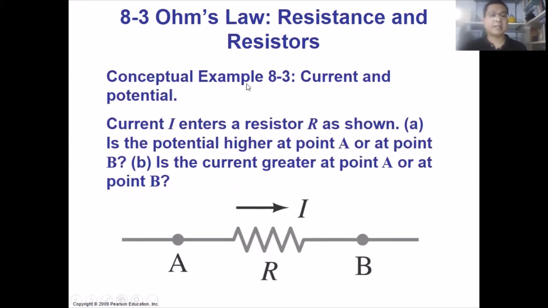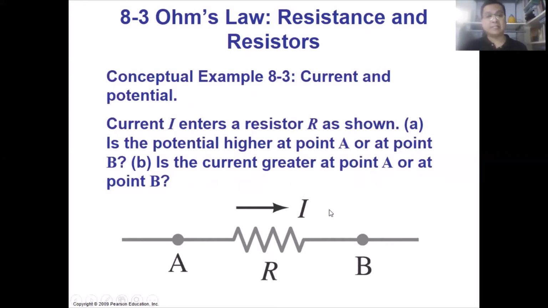Next example, A3, current and potential. Current enters a resistor R, as shown in the figure. The question is, is the potential higher at point A or point B? And question 2, is the current greater at point A or point B? For the first question, the voltage potential is higher at position A compared to position B, because as we know, the voltage will flow from the higher to the lower.